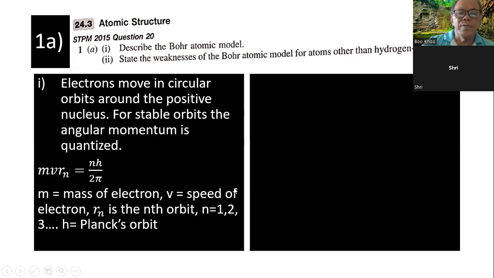State the weaknesses of Bohr's atomic model for atoms other than hydrogen-like atoms.